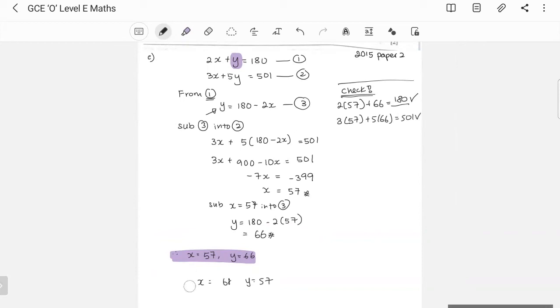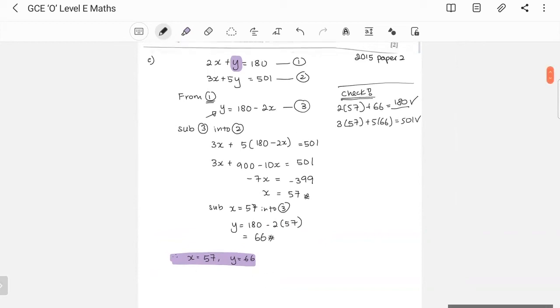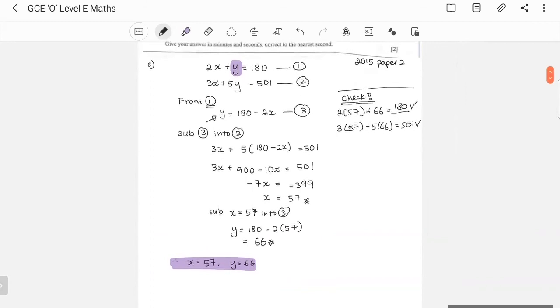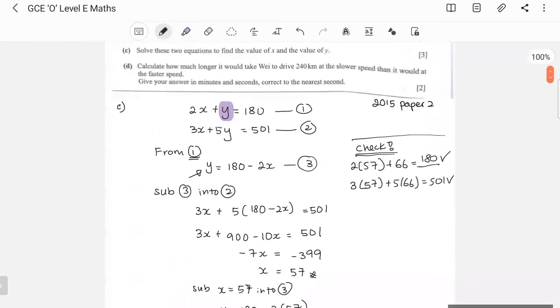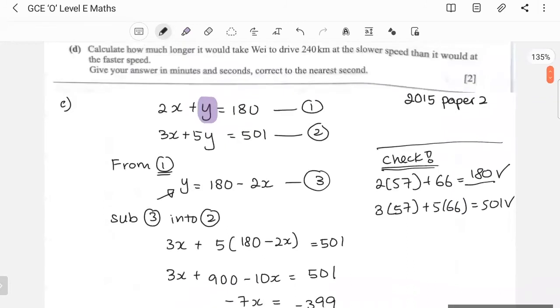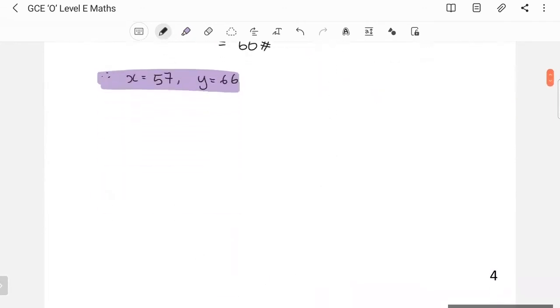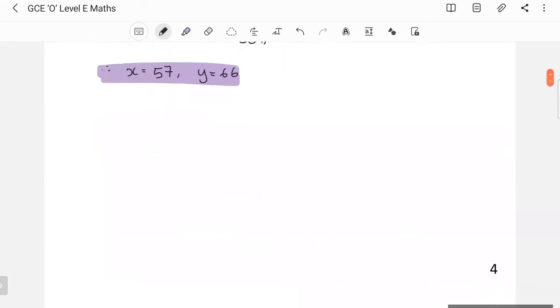For all forms of algebraic questions, you can check: whatever x or y you solved, sub it back into the original question and identify whether it fulfills the question or not. I will explain this a bit more later on when we see algebraic questions. So we have solved that x and y are these values.